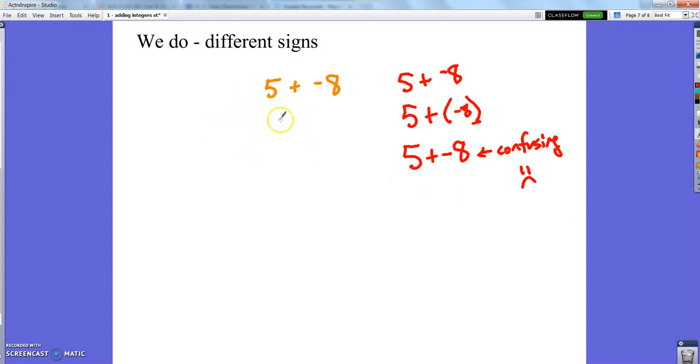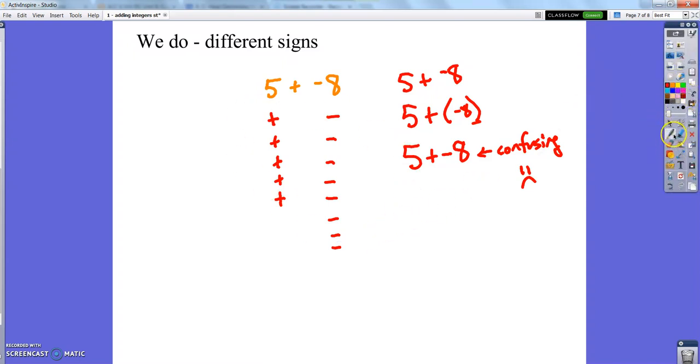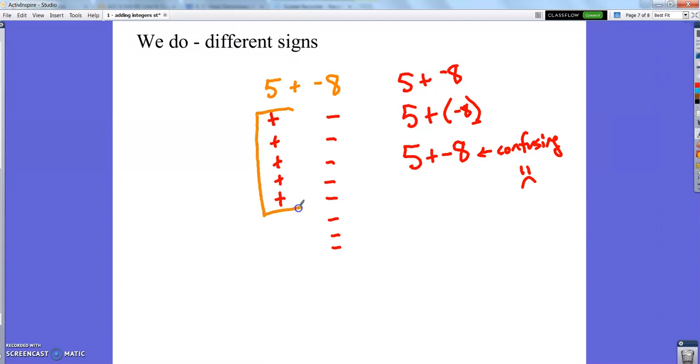All right. So positive 5 looks like this. Negative 8 looks like this. You'll notice I'm lining my negative signs up with my positive signs on purpose. So there's my 5 plus negative 8. And I do that so when I combine them together, I'm going to combine 5 negatives with 5 positives.